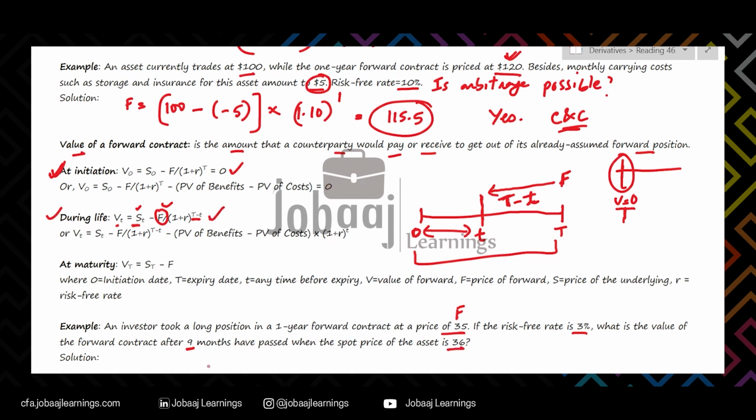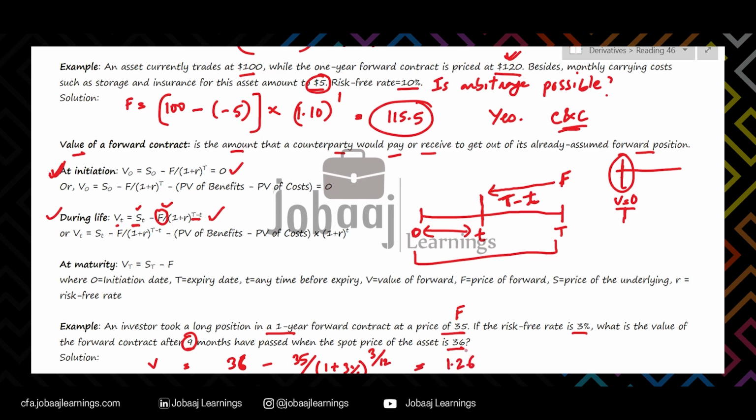So as per this formula, the value of forward contract will be the spot price as on that date minus forward price discounted by 1 plus discount rate for a period of how much time is left. It was a 1-year forward and out of that 9 months have already lapsed. So only 3 months is left, right? So we can say 3 by 12 and this gives the value of 1.26.